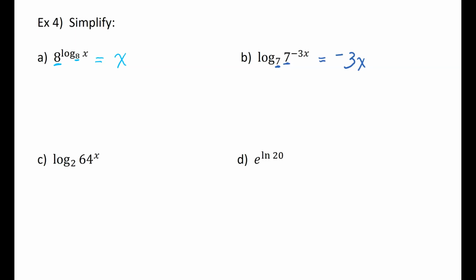So we can restate this one as log base 2 of 2 to the 6th, which is then being raised to the x power, which allows us to use the power to a power rule. This becomes log base 2 of 2 to the 6x. And now my base of the log matches the base of this exponent. So this is equal to 6x.